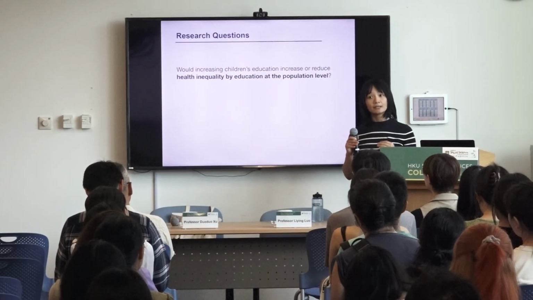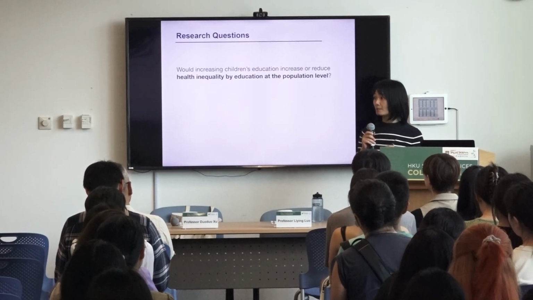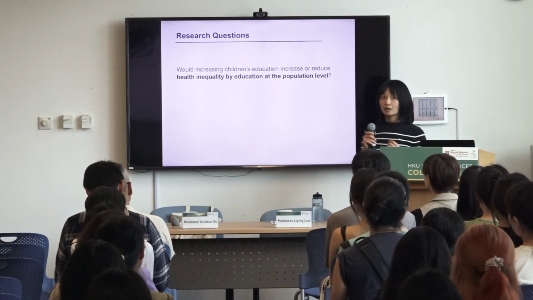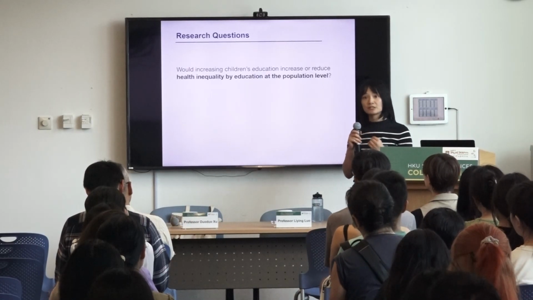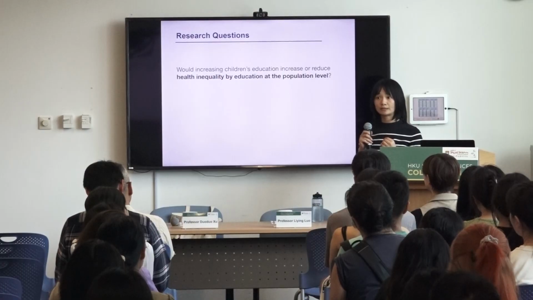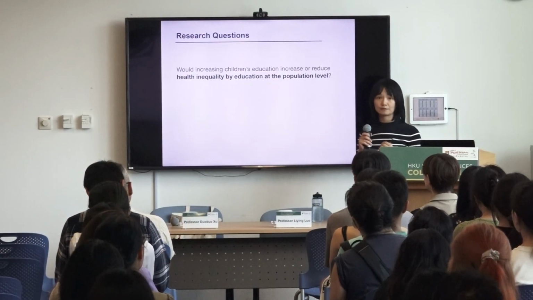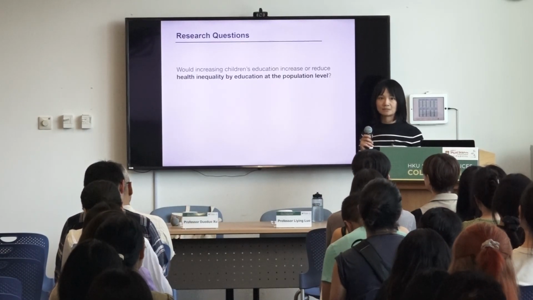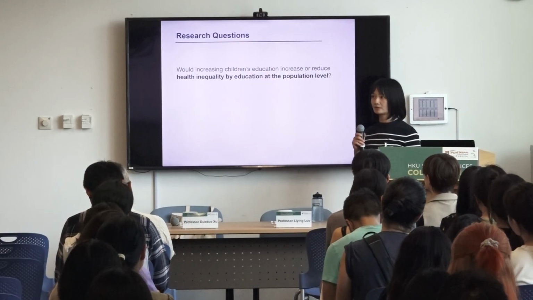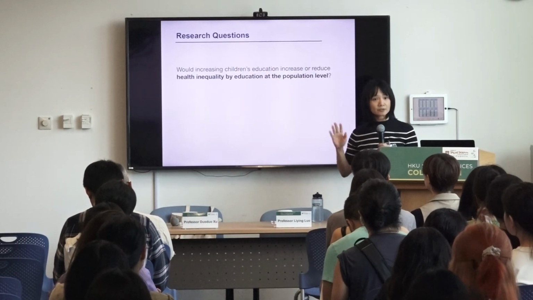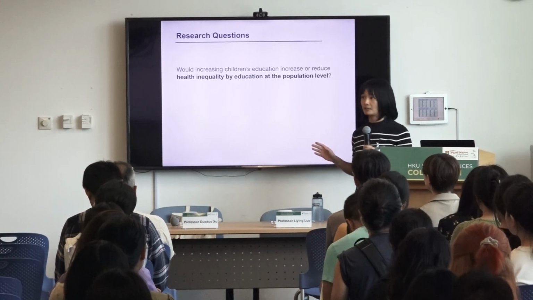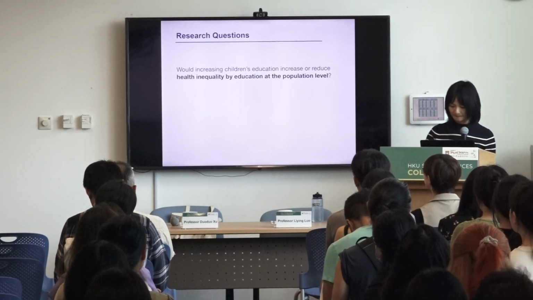In contrast, if the health benefits provided by better educated children are more pronounced for a more advantaged group, then we would expect the health inequality to increase as the level of educational attainment increases across generations. So this question hasn't been examined in the literature. This is the question that we try to answer in today's presentation.